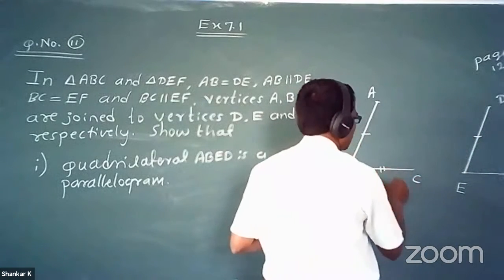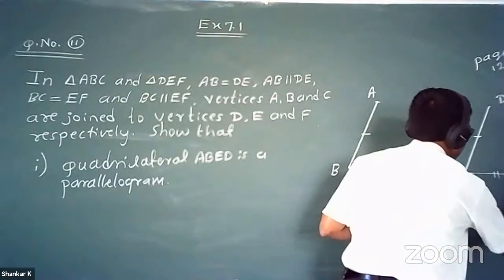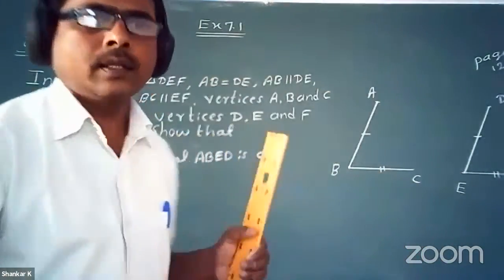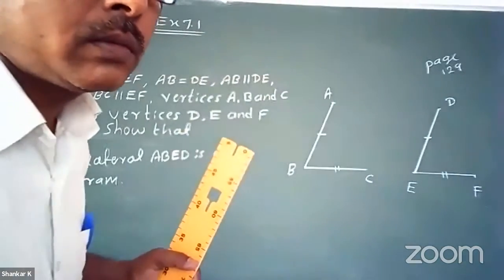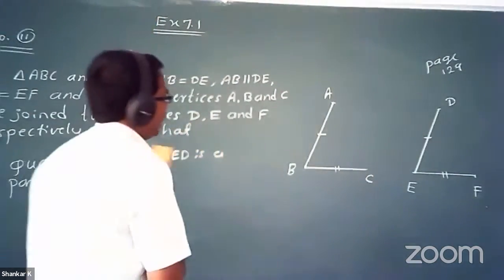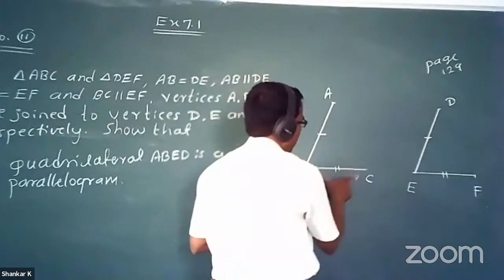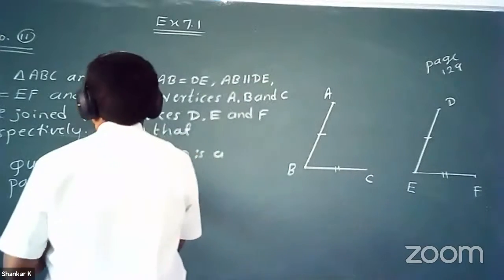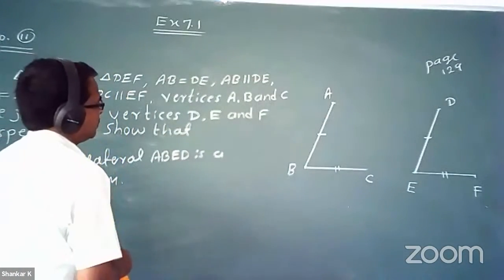BC equal to EF is given. What else is given? BC is parallel to EF.